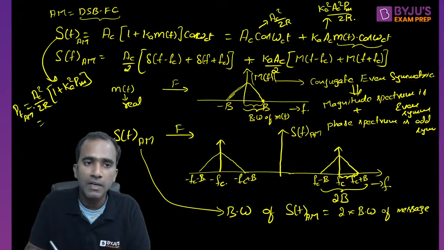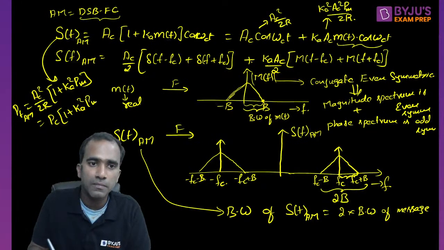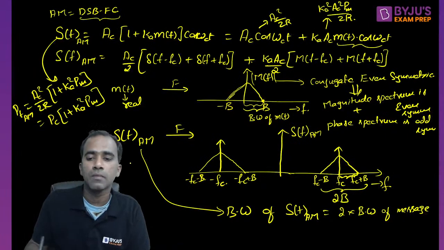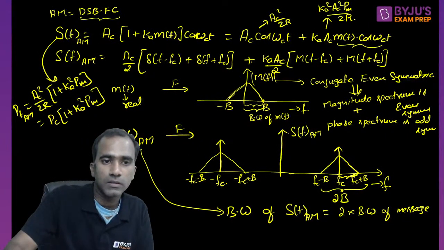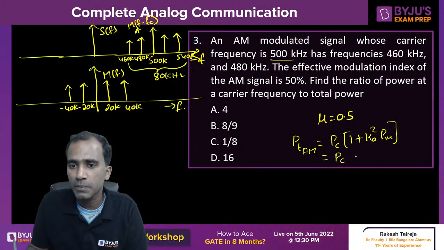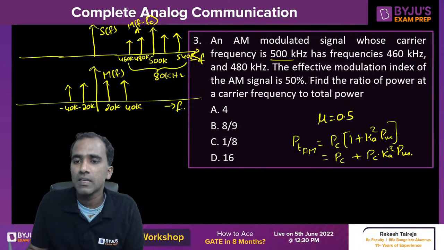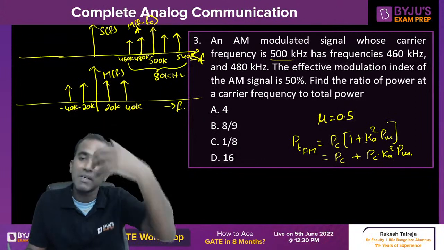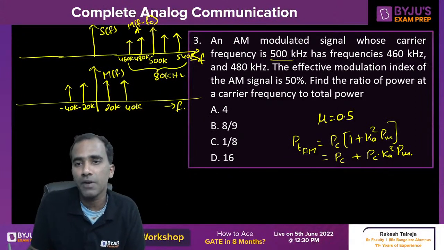So you can rewrite this as PC, carrier power, into 1 plus K square into PM. That's why I've written this formula. Let's divide this into two parts: PC plus PC into K square into PM. This formula is valid for any general message with any number of frequencies.